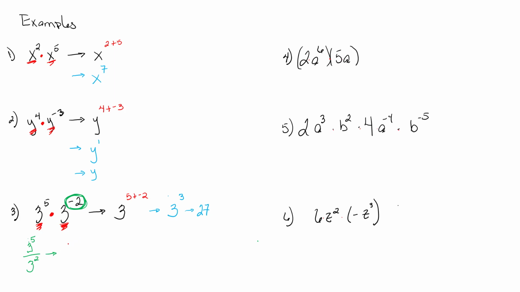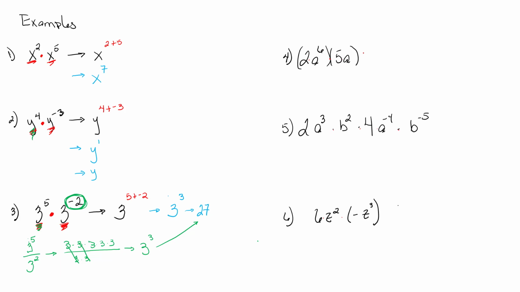And if I look at it this way, how many 3's are on top? That's right, I got 5 of them, all multiplied, and the bottom has 2 3's. And because it's a fraction, I get to cancel, which leaves me 3 to the 3rd, which still gives me the exact same answer of 27. So regardless if your bases are numbers or variables, you do the exact same process. Make sense? Good, glad to hear it.